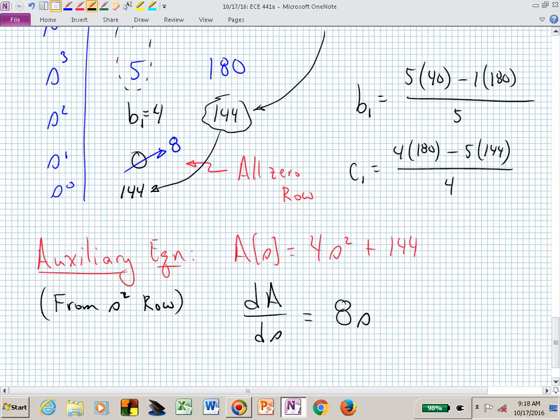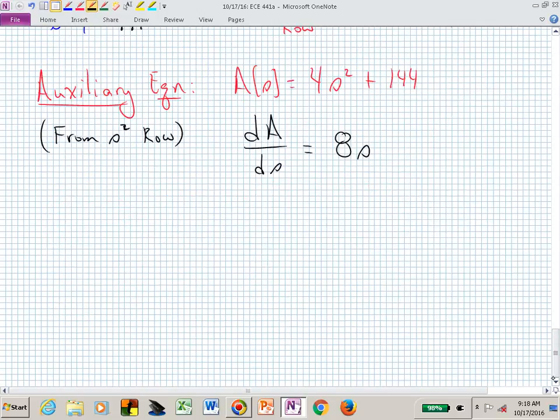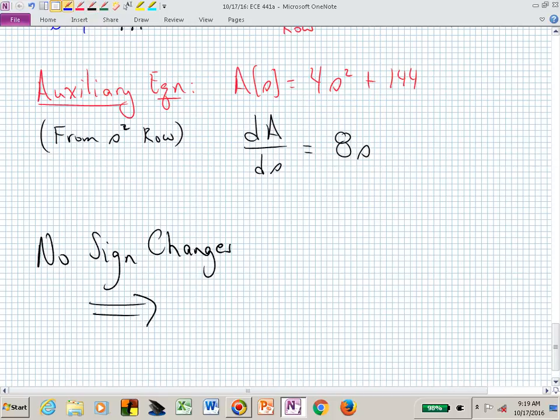And now we need to look at the leftmost column and count sign changes. Do we have any sign changes? No. So what does that say? Really, all I want you to conclude from that is we have no roots in the right half plane.